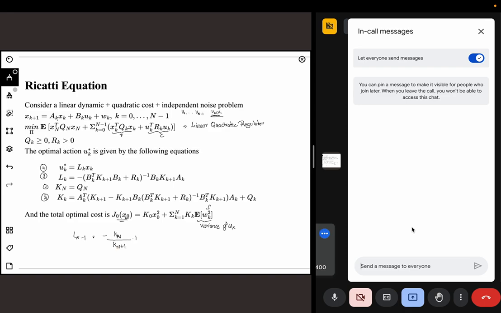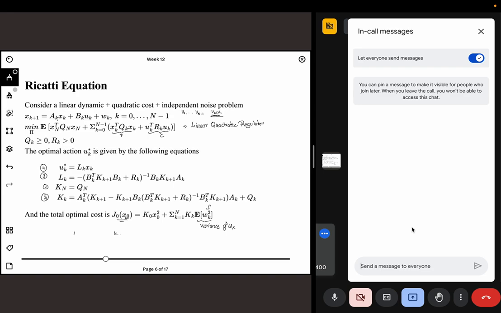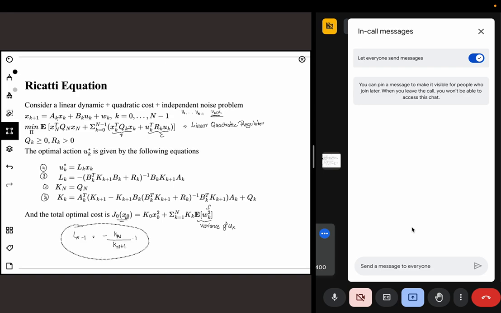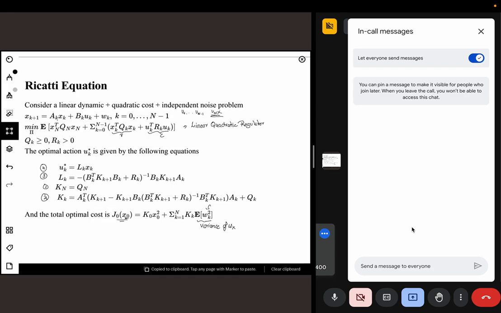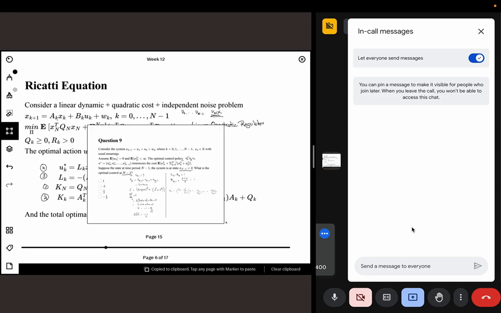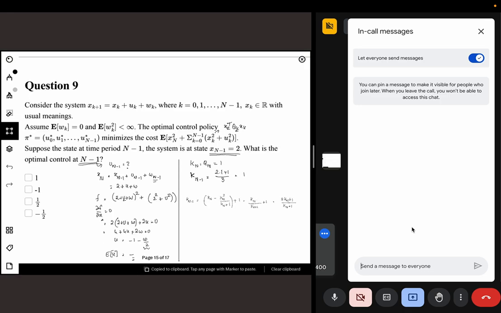This is what I have. So I don't even actually need the value of kn minus 1. Should have skipped that part.